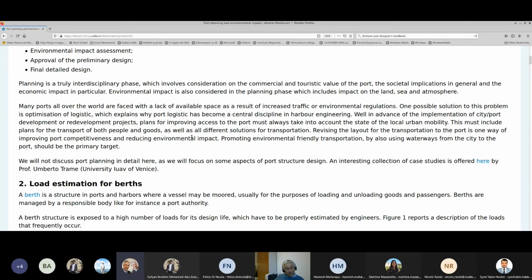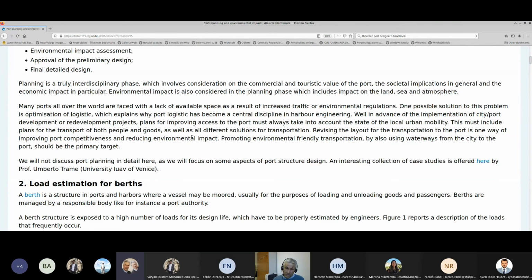And logistics implies that we know how to store the goods into a container, for instance, in order to maximize the use of space. Logistics means that we organize the traffic, the movement of the containers into the port to maximize operational efficiency.